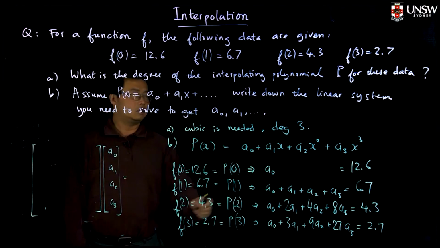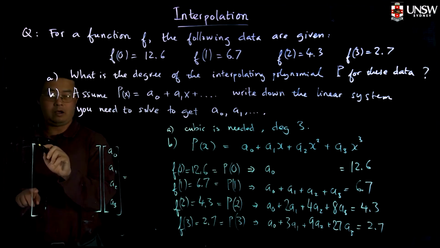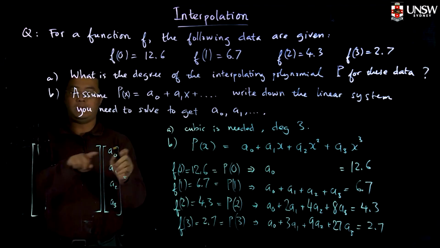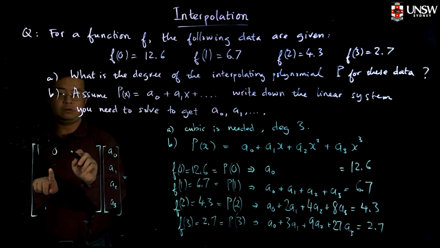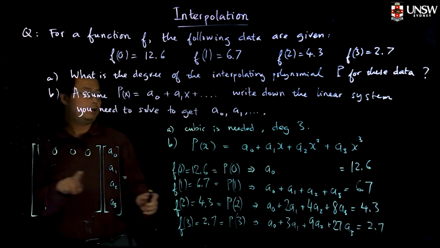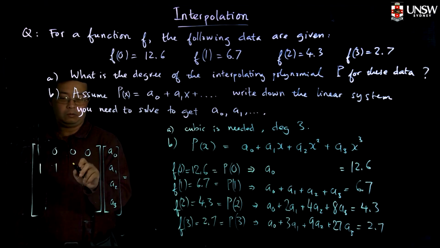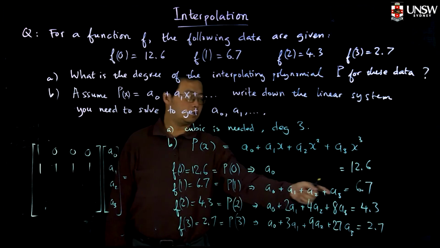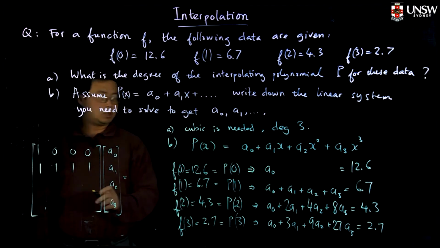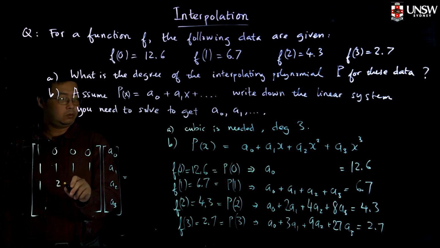The first equation: for a0, you have 1, times a0, and you have 0, 0, 0 here. The second equation, you have 1, 1, 1, 1, because everything is 1 here. The third equation is 1, 2, 4, 8.